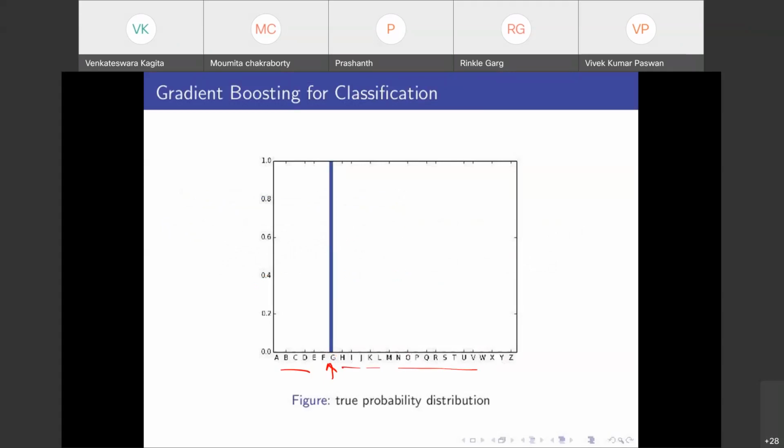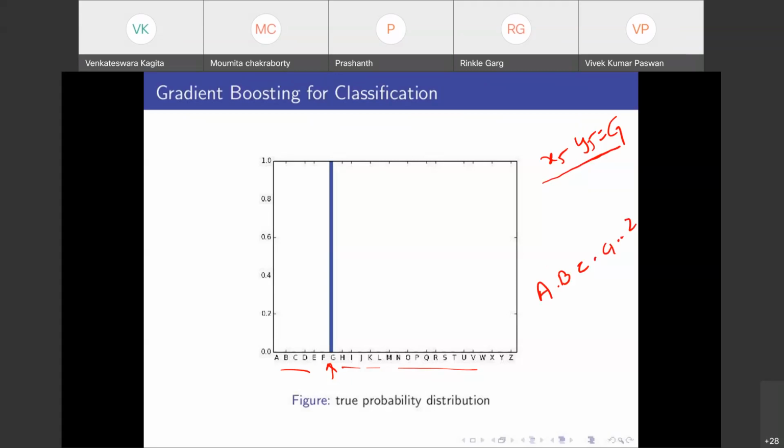Did you get it? So suppose there is an instance x5 for which y5 is equivalent to G. If I ask you the probability distribution for this particular instance, how are the probabilities distributed on the A to Z scale? A, B, C, and so on, G, and so on to Z. We already know that it is G, so we are very much certain about this.